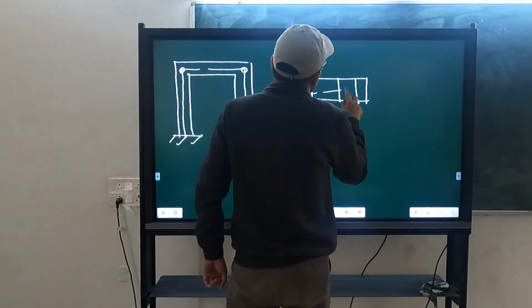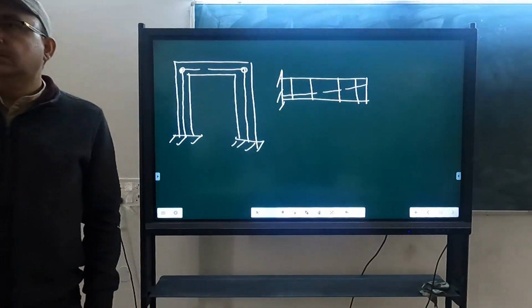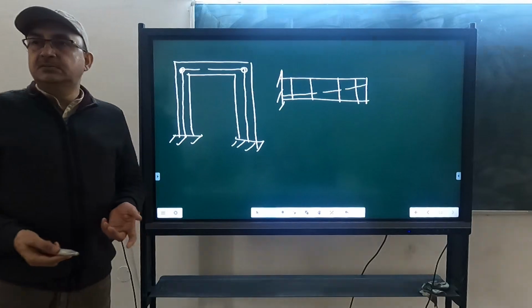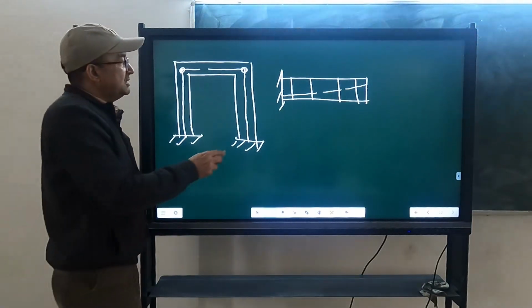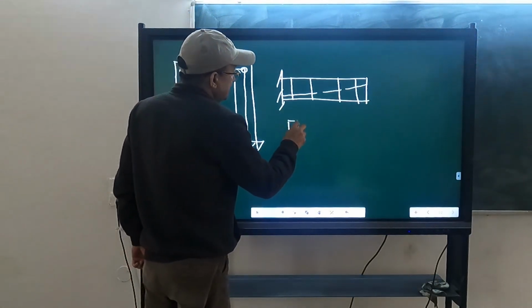It may be something. But it doesn't matter in the case of a beam because there is no axial force, so it doesn't matter about which axis.